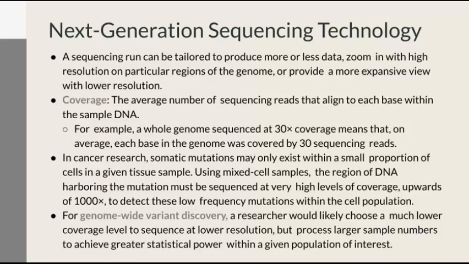In all these cases you would want a much higher coverage, because if it's a rare position, it's even less likely to be touched, and so you want to make sure you have enough coverage so that you can actually get the actual sequence from there.